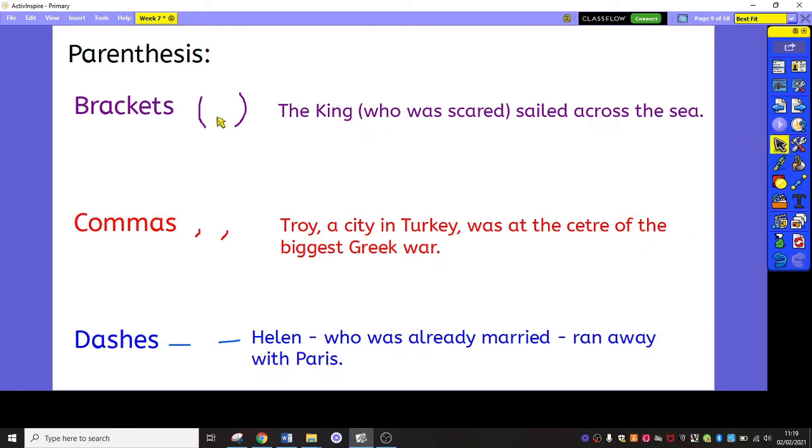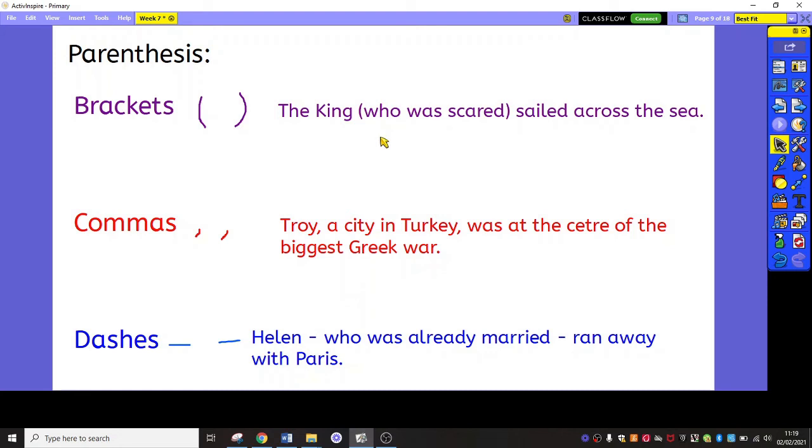So, brackets, information that is less important than what you're actually trying to say. Commas, information that is probably on the same level. And dashes, information that you want to really, really emphasise. And what's important here, also to note, is here I have who.